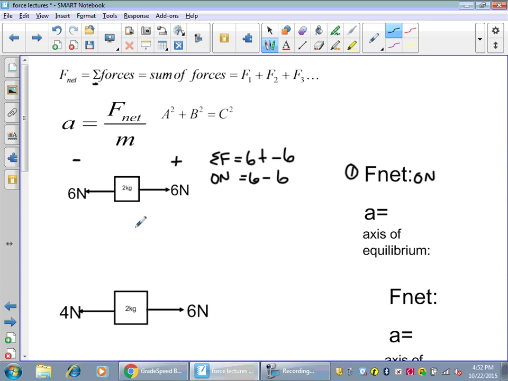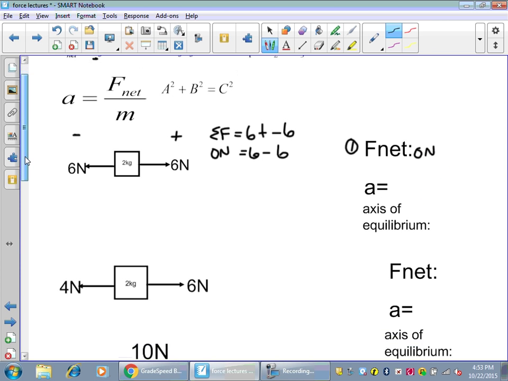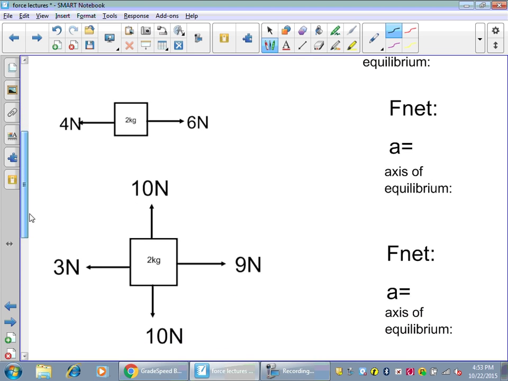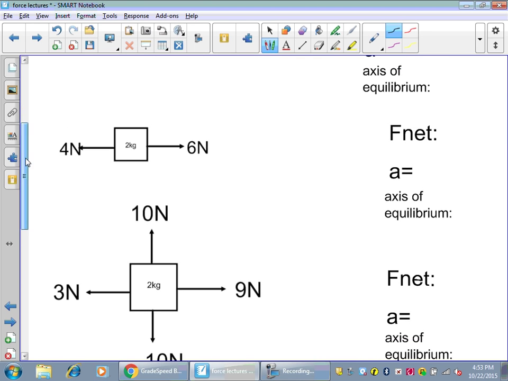Cool. Now, let's go ahead and come back and do the next one. This one, I have my summation of forces. What's the net force? It's positive, negative, right? So I have 6 positive and I put minus 4.